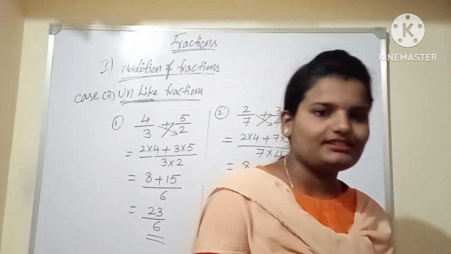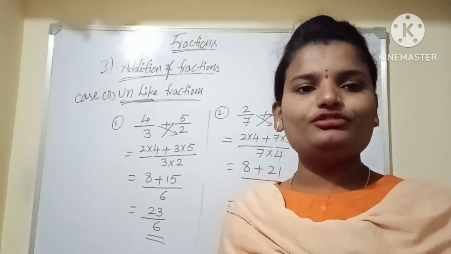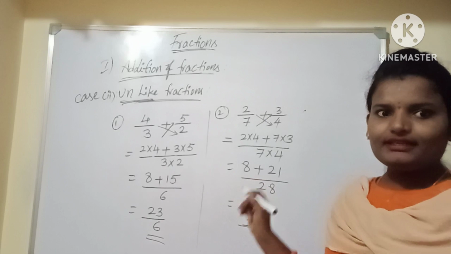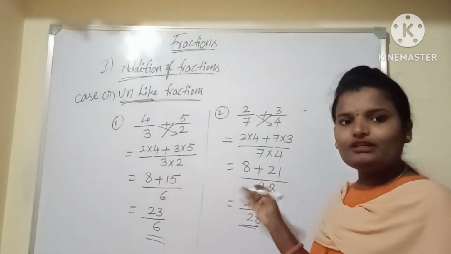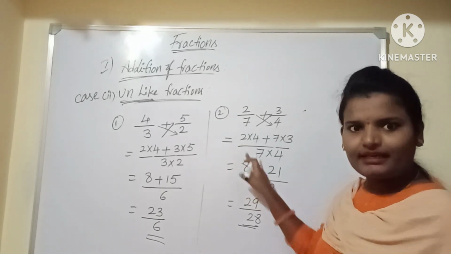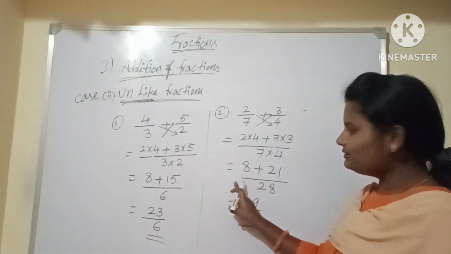It's very easy, right? First we do cross multiplication. If we take more problems and practice, there is no need to write this step; we can come directly to the second step.